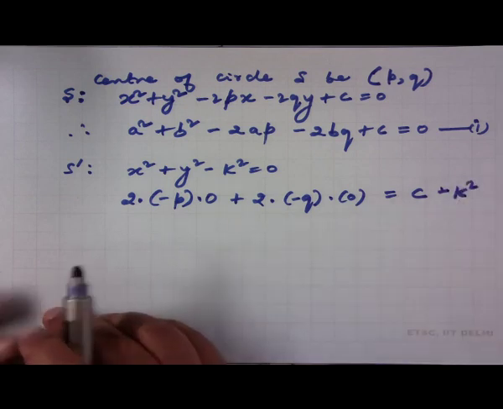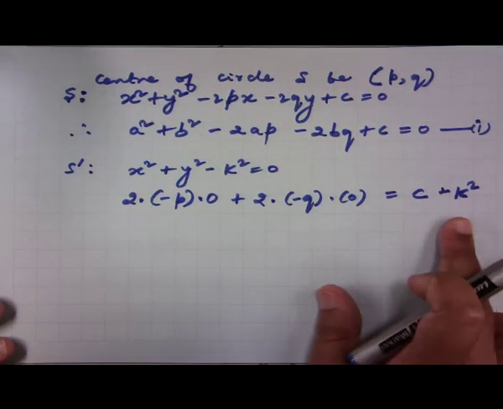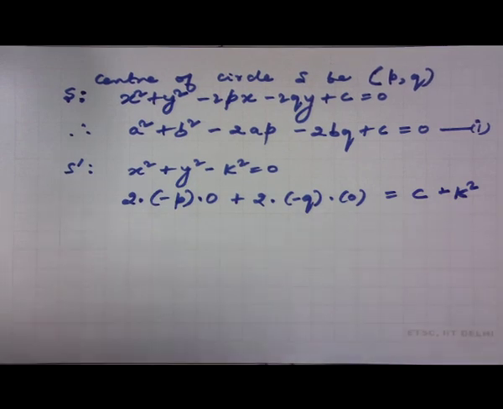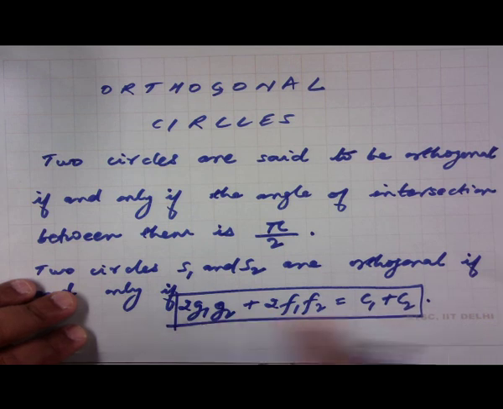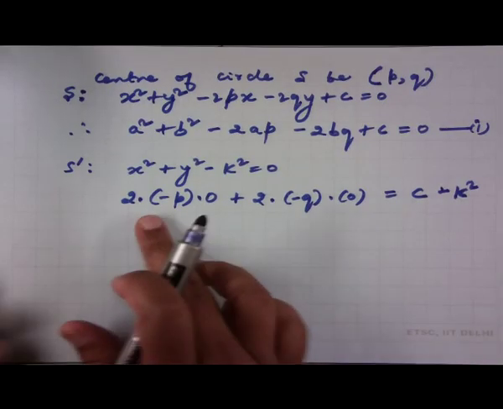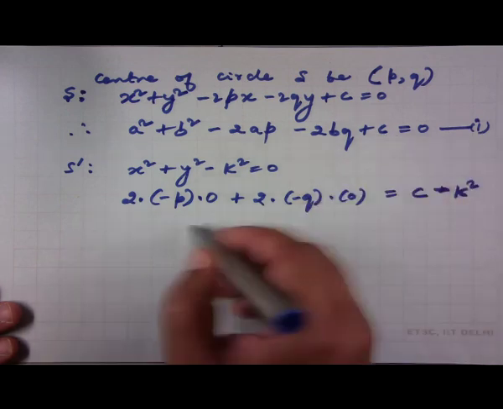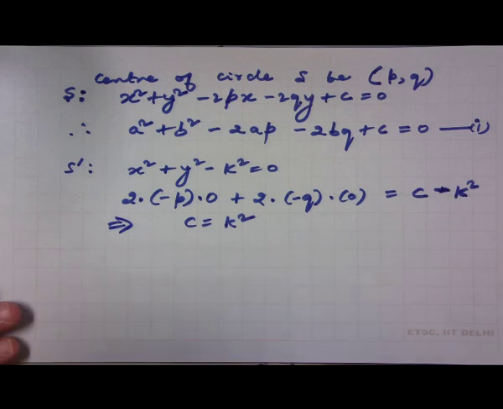So, since these two circles are orthogonal, this equation must also be satisfied. So, this equation basically comes from what we had shown in one of the previous slides to be the condition for orthogonality between two circles. So, from this equation it is clear that C must be equal to k square.